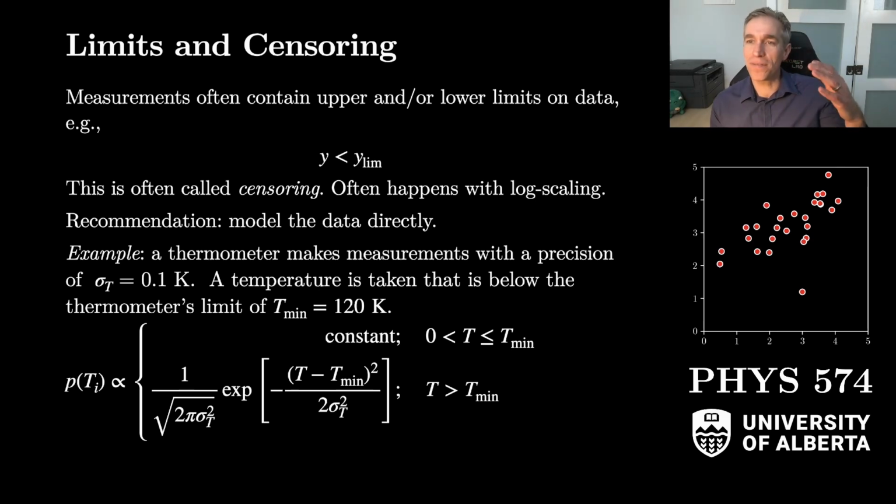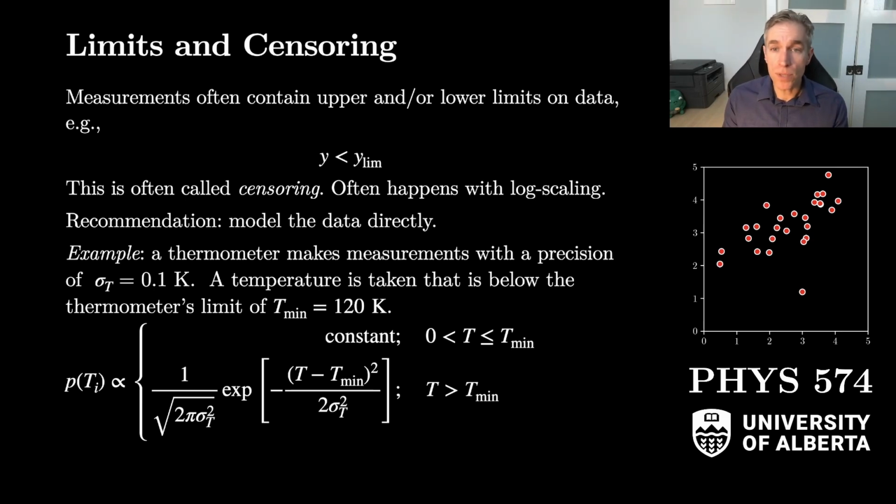And so you often will treat this as a lower limit. It's just below some particular value. The recommendation in those cases is just model the data directly. Operate in the linear space, have that measurement show up as -2 plus or minus 5 in your data, and go ahead and include it. That's a real consideration there.